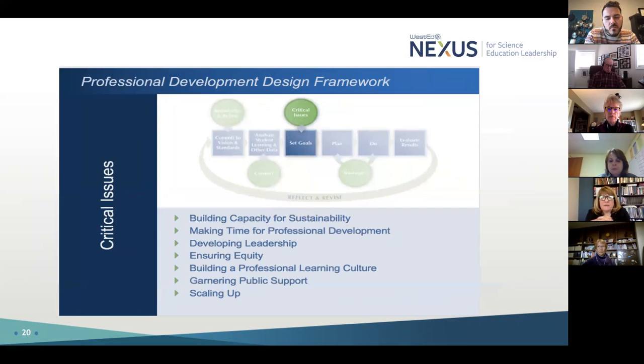And we just want to continue to look for all the different ways to support districts and schools to do that. Developing the internal leadership, especially if something is being supported by the state or by a regional education center or an external consultant. Without developing that internal leadership, we are only doing half of the job.